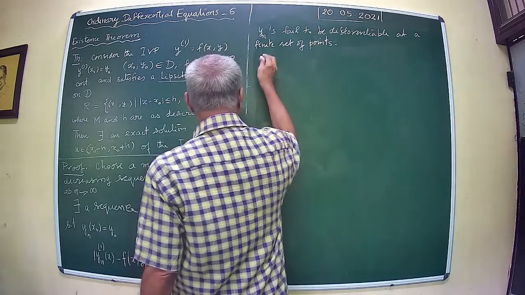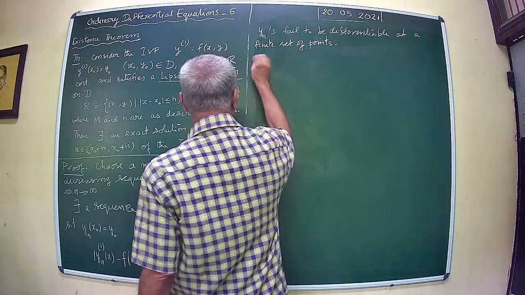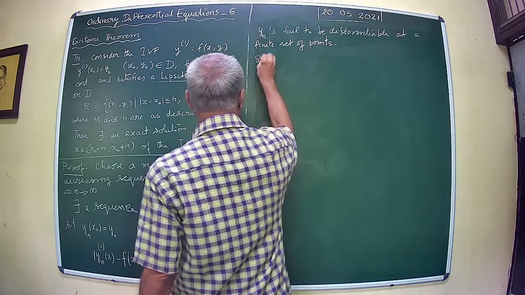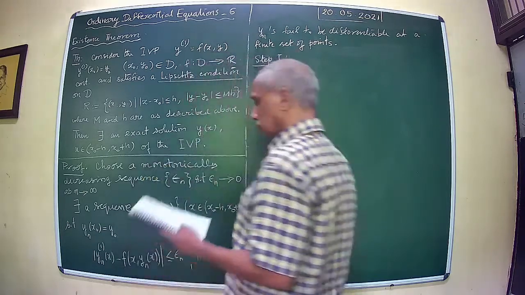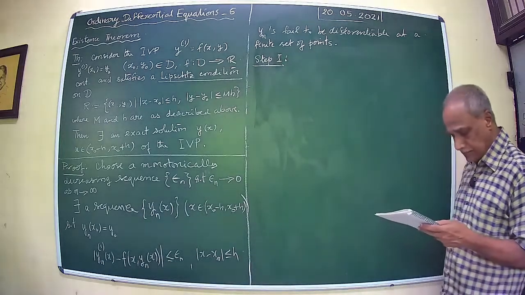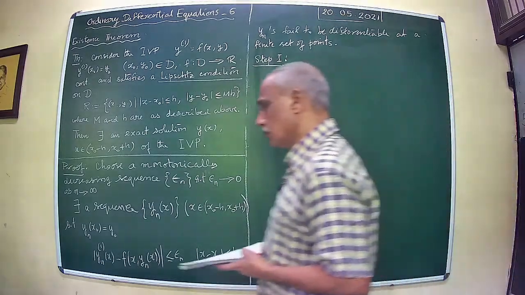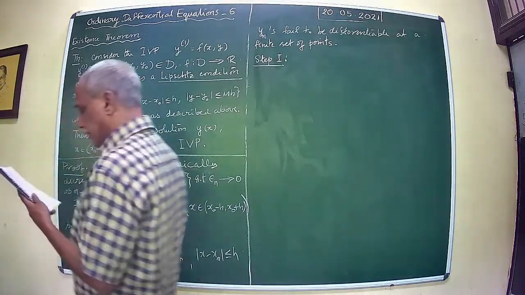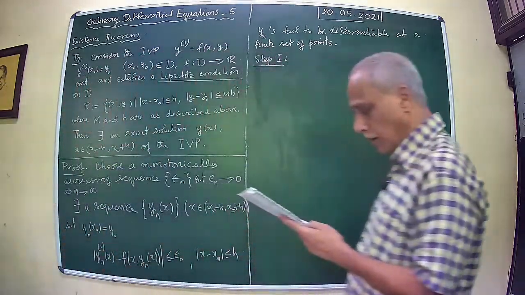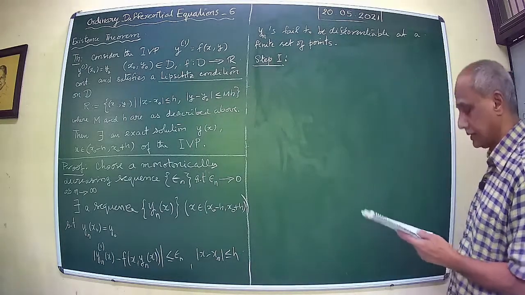So the first part, step 1. In the first step, we assert that y_n converge uniformly to a function y(x).